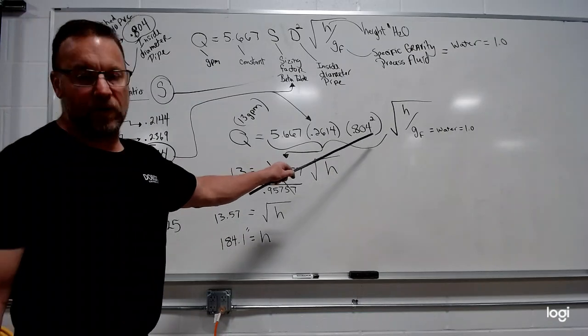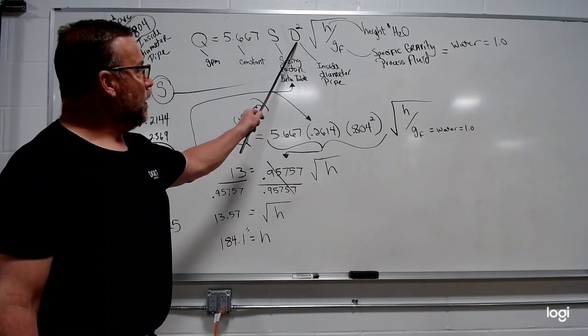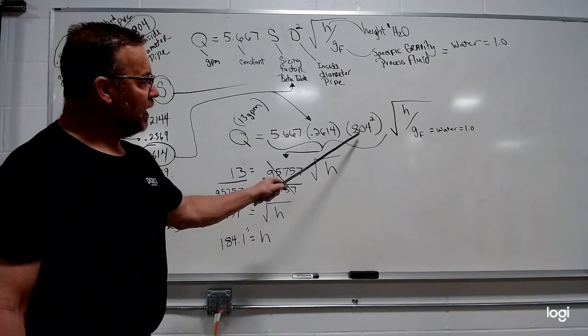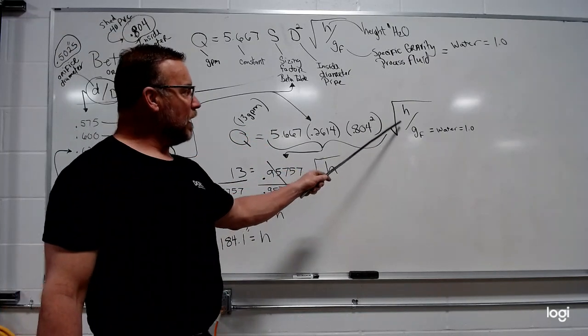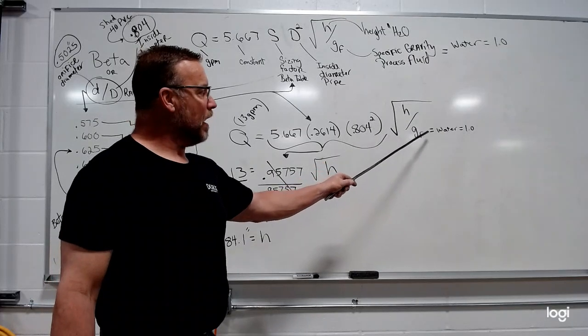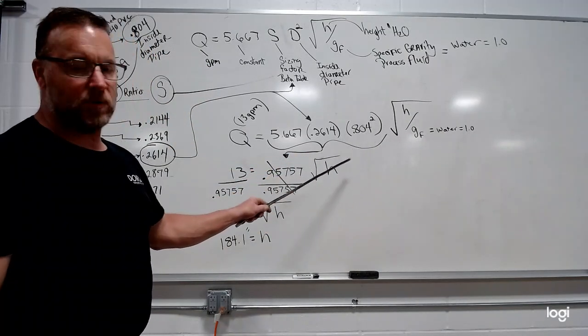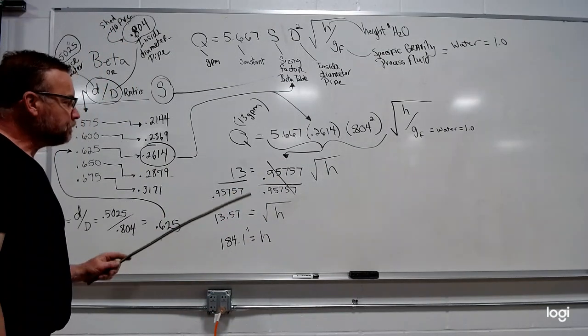Now the next thing over here is the big D squared, the inside pipe diameter squared, 0.804 squared. And then again, we're over here with H over G sub F. Like I said, water's 1. We're going to simplify this down to H as we start simplifying this formula.